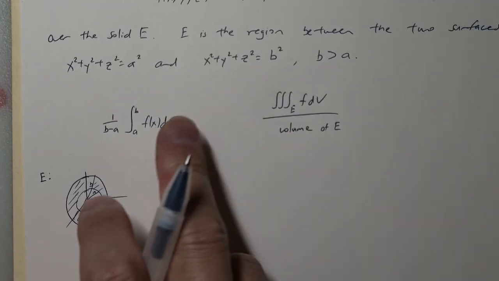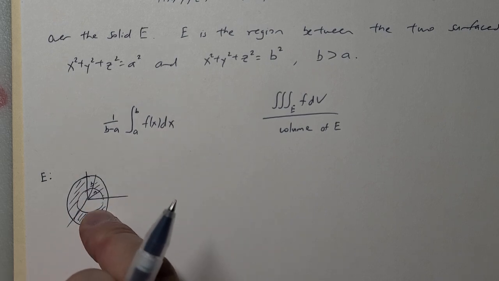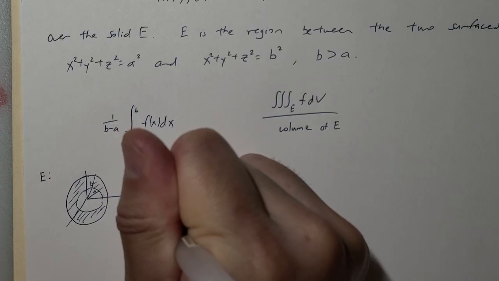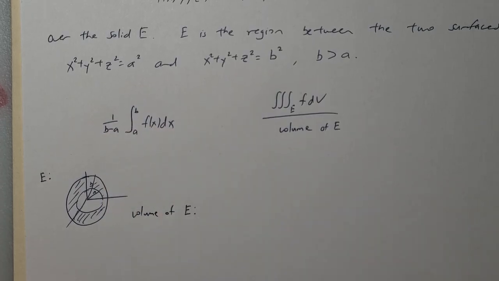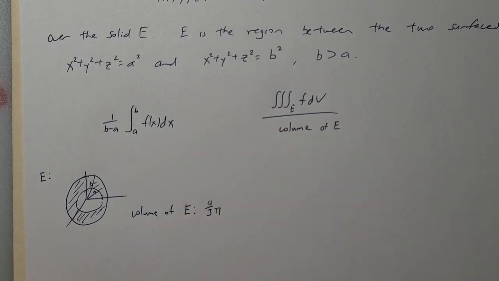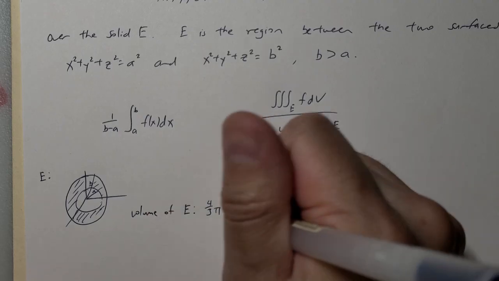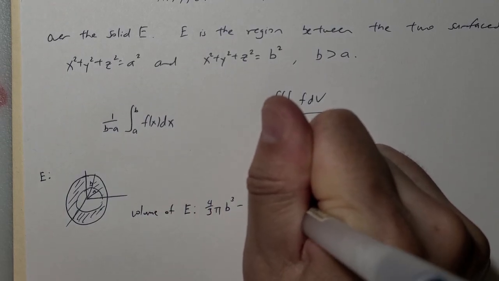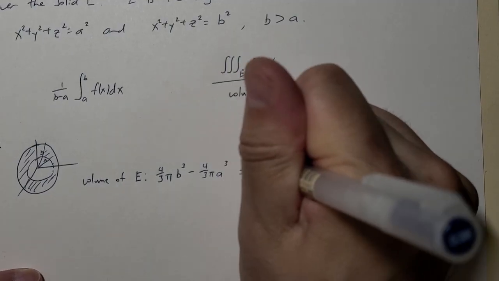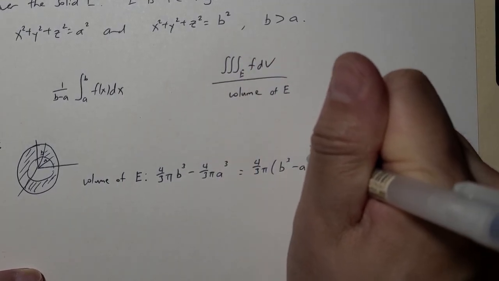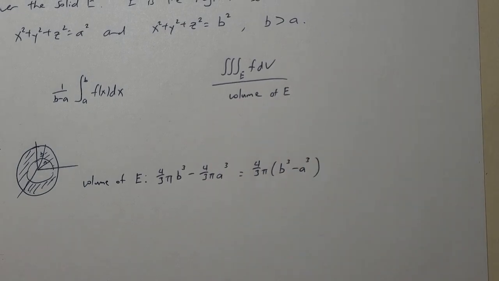It's the volume of the big sphere minus the volume of the smaller sphere. So the volume of E is, what's the equation for the volume of a sphere? It's 4/3 π r cubed, where the outer one is b, so 4/3 π b³ minus 4/3 π a³, which we can factor: 4/3 π (b³ minus a³).